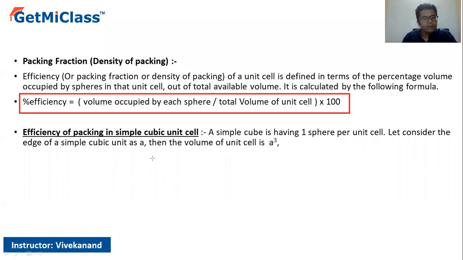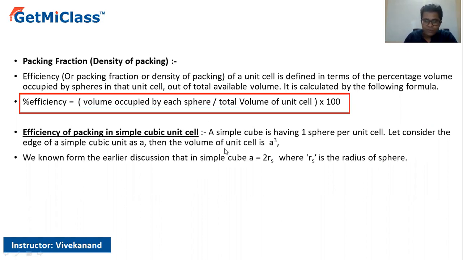The first thing we have discussed was the derivation of the packing efficiency in a simple unit cell. A simple unit cell is a simple cube having one sphere per unit cell, that is after the contribution. Let's consider the edge of the simple cubic unit as a. Then the volume of the unit cell is a cube.